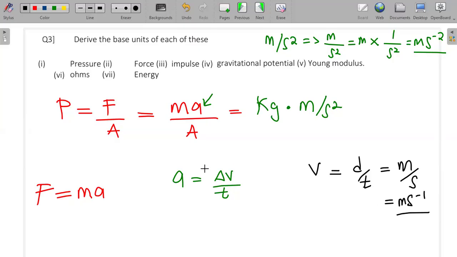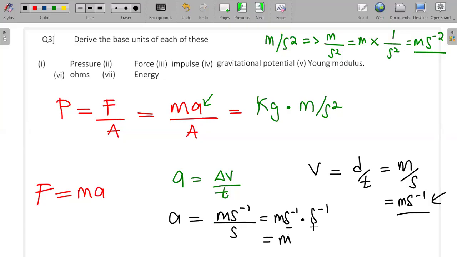So here, this change in velocity will still have these units because it's just a change in velocity, still velocity. So acceleration's units are the units of change of velocity, m s to the power minus 1, and then the time is s. So now I take s on top there. So it will be m s to the power minus 1 multiplied by this guy here, which is the same as 1 over s, meaning it will be the same as s to the power minus 1, which will just be m.